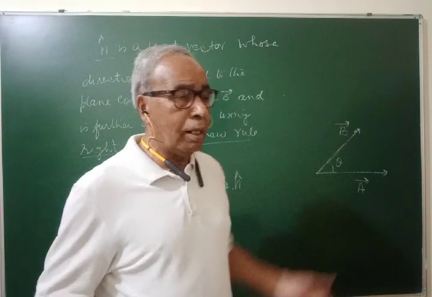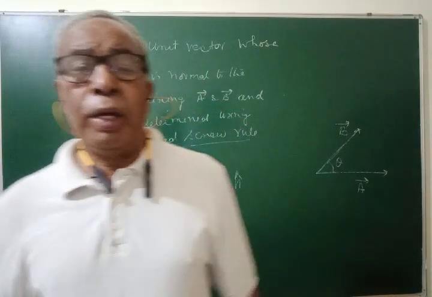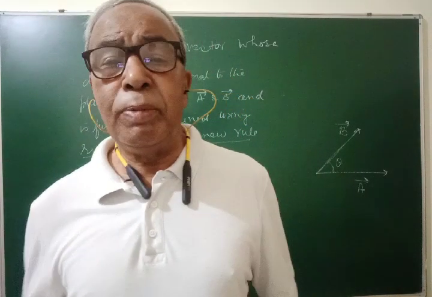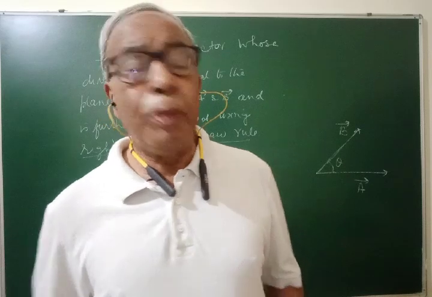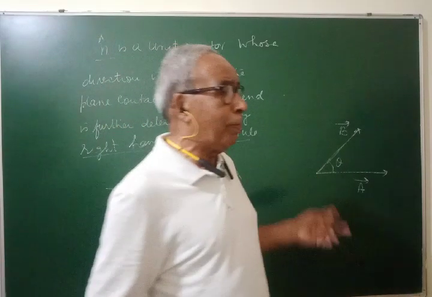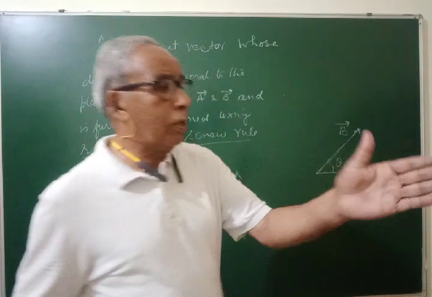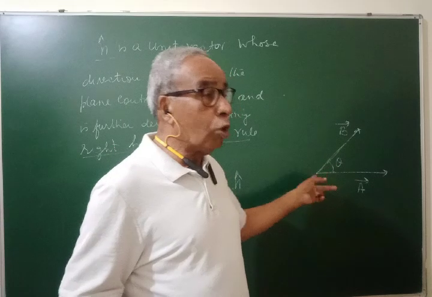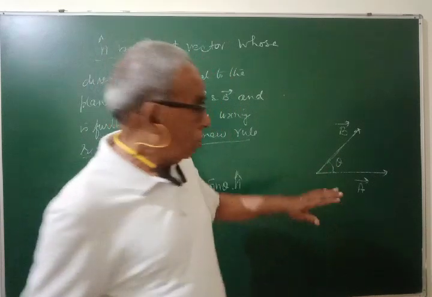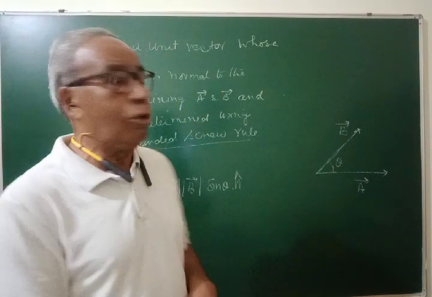A and B here in my diagram are lying in the plane of the board, and in your diagram they will be lying in the plane of the paper. So the normal to the plane of the board or plane of the paper may have two directions, either outward or inward. Why? Because A and B are lying in the plane of the board.